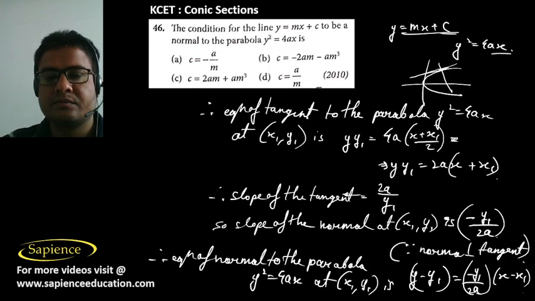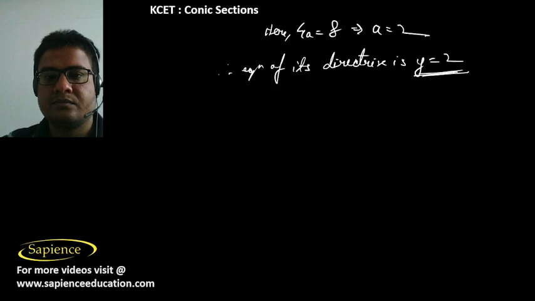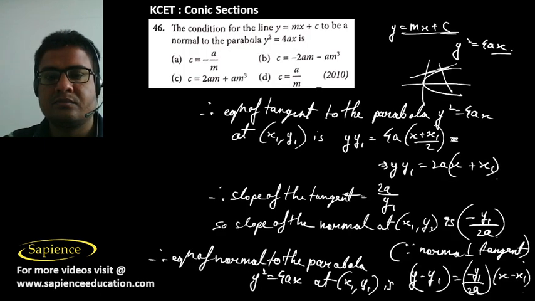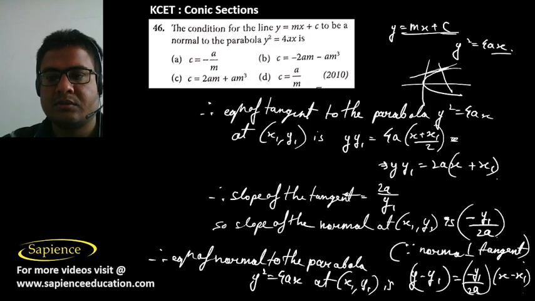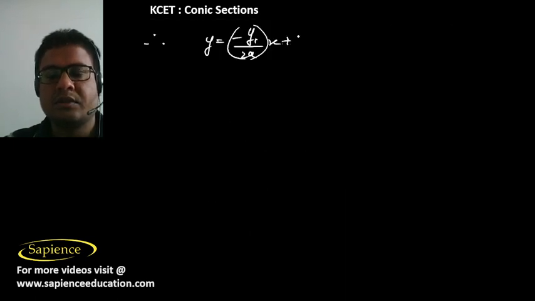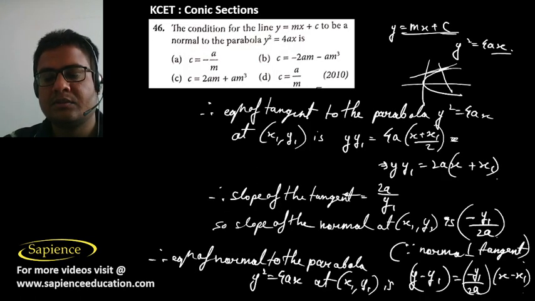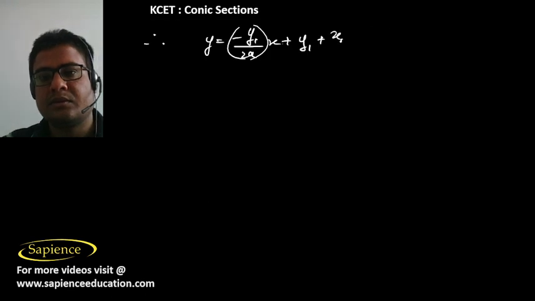Therefore we can say that y equal to minus y1 by 2a into x plus y1 plus x1 y1 by 2a.